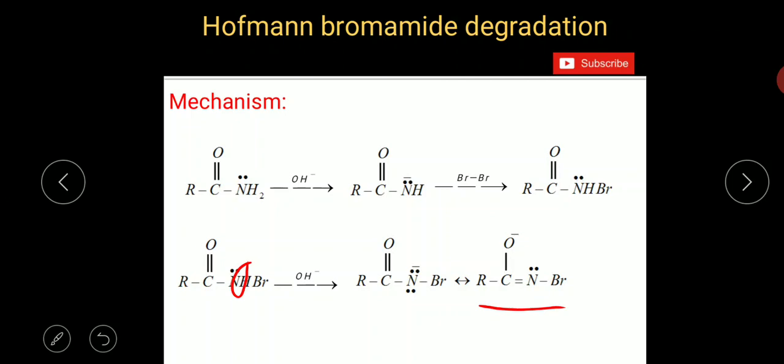Here you have lone pair of electrons, negative charge on nitrogen, and on the nearby carbon atom you got a multiple bond. So there is a conjugation. Due to this conjugation, there will be delocalization of electrons from nitrogen to carbon, and this pi bond between carbon and oxygen will be delocalized to oxygen. So you will get this reaction intermediate. Both are interconvertible.